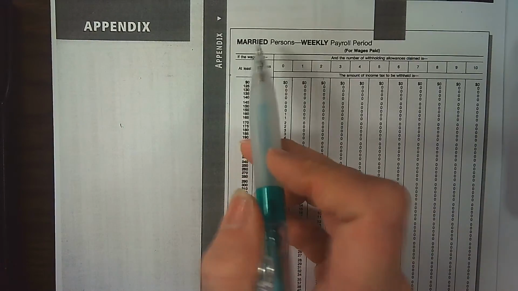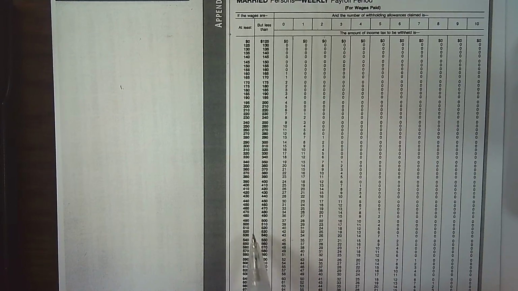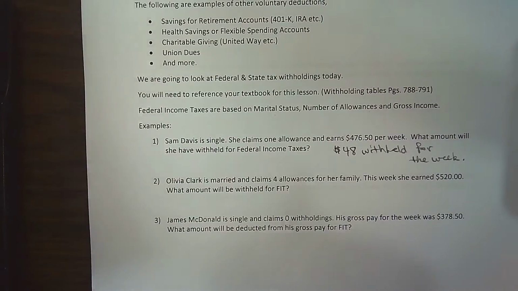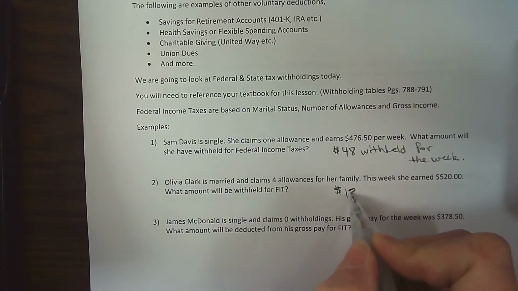So again, here is the married persons, $520. Be careful, I'm not talking about at least $510 but less than $520, rather at least $520 but less than $530. And then I'm going to read over here: 0, 1, 2, 3, and 4 allowances. So it's $13 that's going to be withheld.